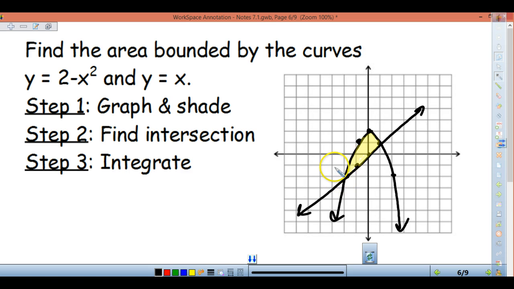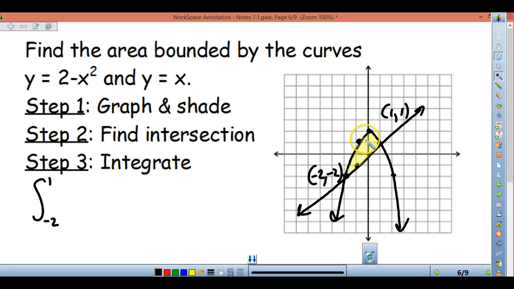And we need to know x boundaries or y boundaries, so we would want to know where these intersect. This is intersecting at the point -2, -2. This is intersecting at the point 1, 1. So I'm going to be going from -2 to 1.